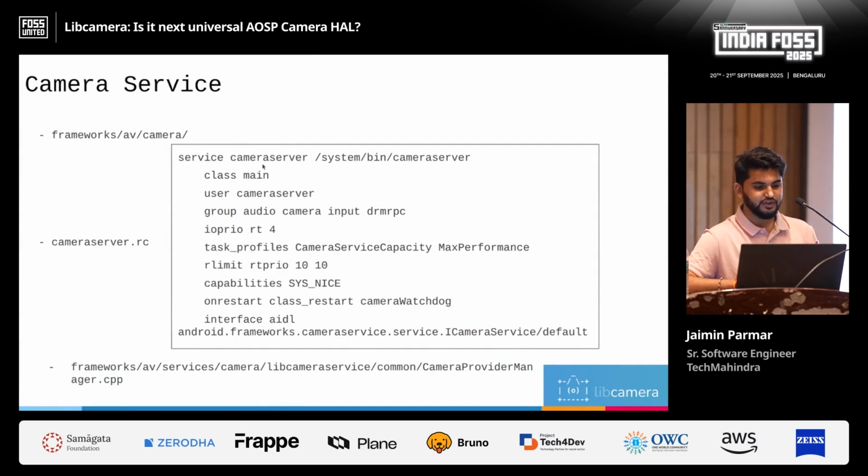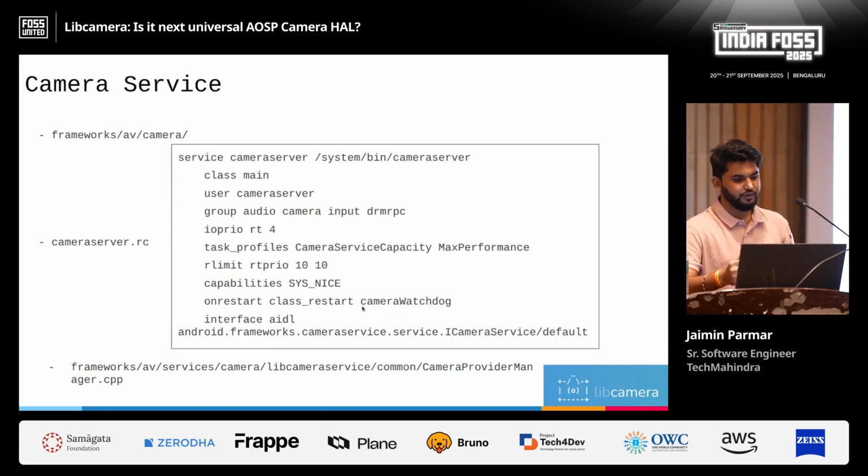Here you can see this is the service camera server, system bin camera server. So this will be started at boot time by the init process, and this is how the init RC file looks like, and it will register. It has the AIDL interface. So basically the camera app and the underlying HAL will talk with this camera server using the AIDL.